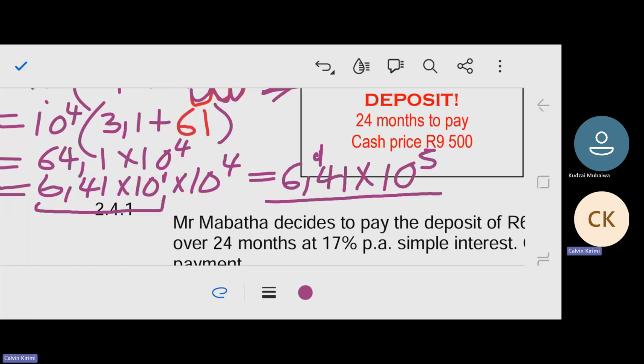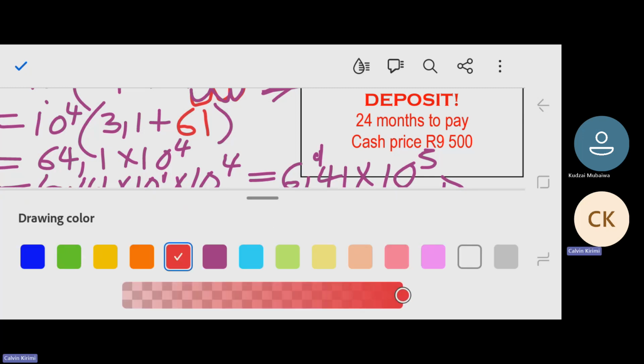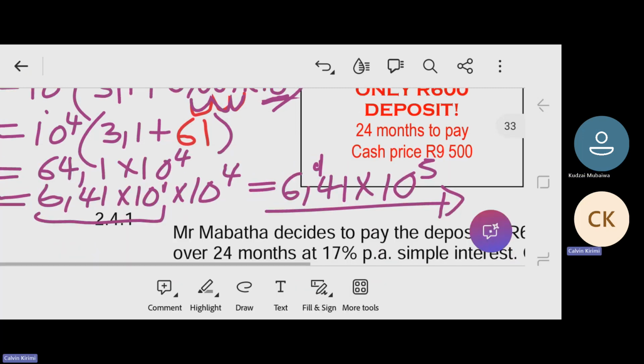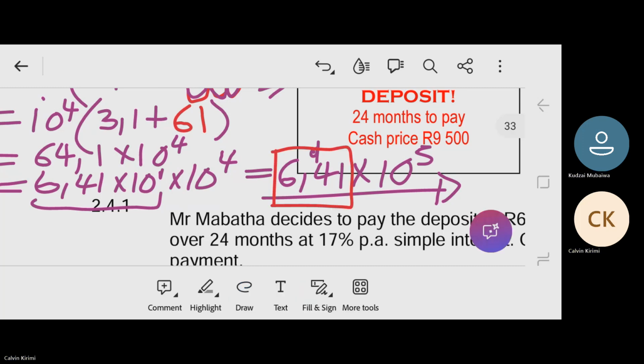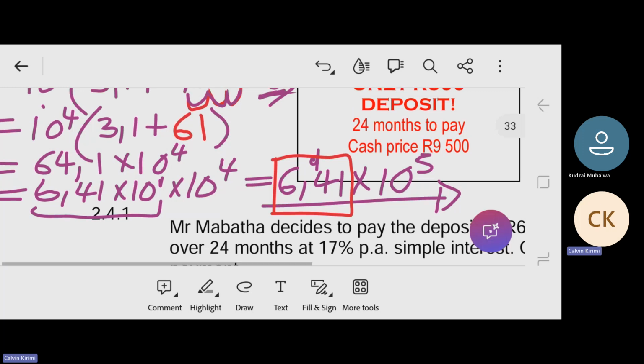Always, they want you to put it in standard form. The number which you are going to put there as your starting point must be between 1 and 9. Then you write times 10 to the power something.